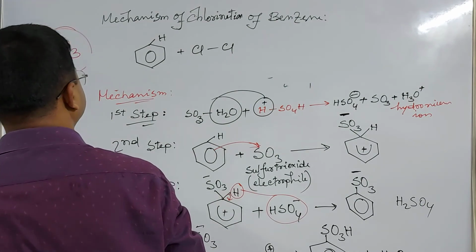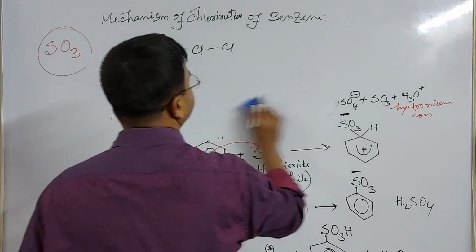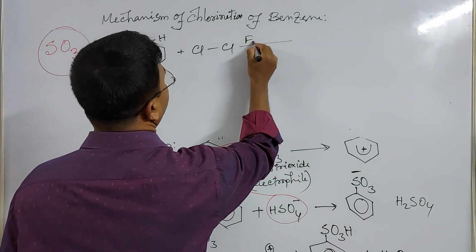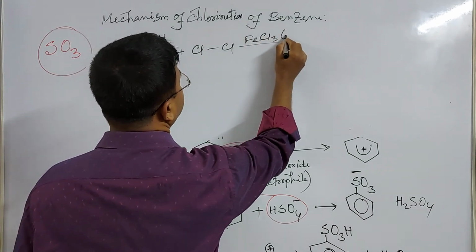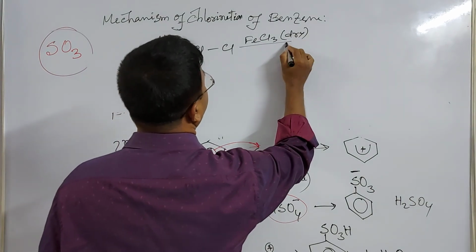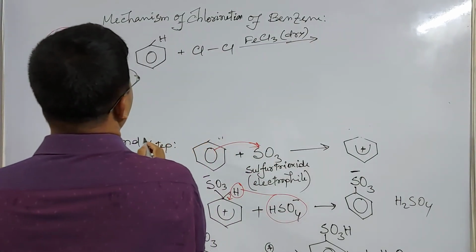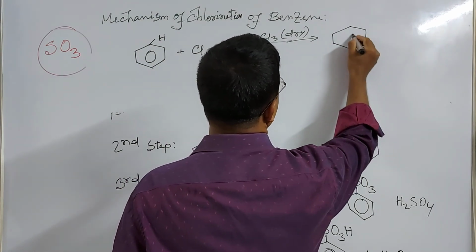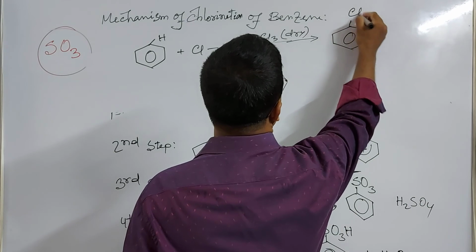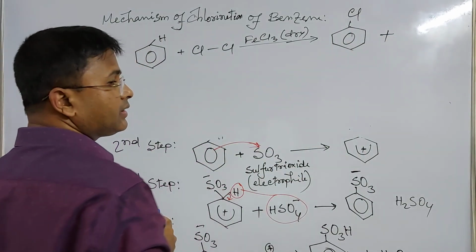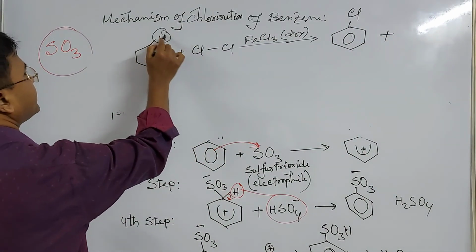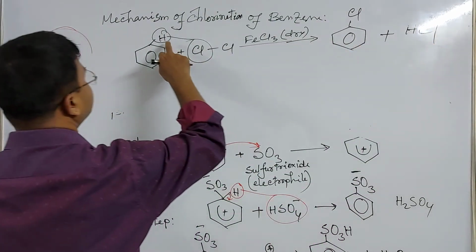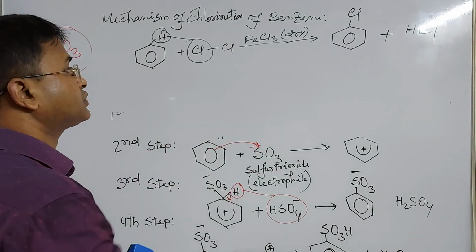I have written the structural formula of the chlorine molecule, and in the presence of dry, anhydrous ferric chloride, benzene reacts with chlorine molecule to produce chlorobenzene, and one hydrogen atom combines with one chlorine atom to produce hydrochloric acid. Actually, this hydrogen is replaced by one chlorine atom to produce chlorobenzene.